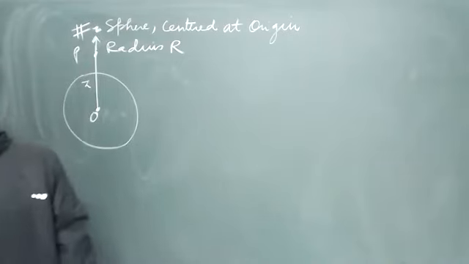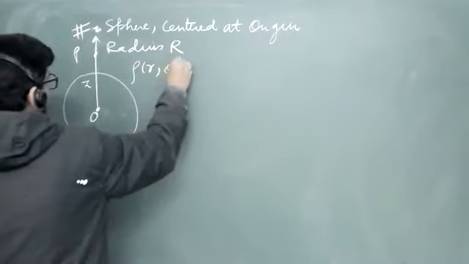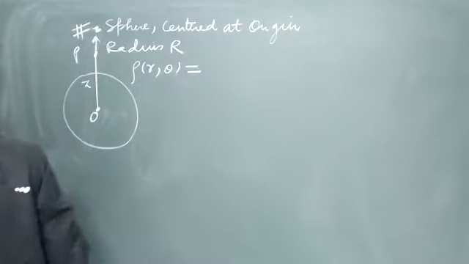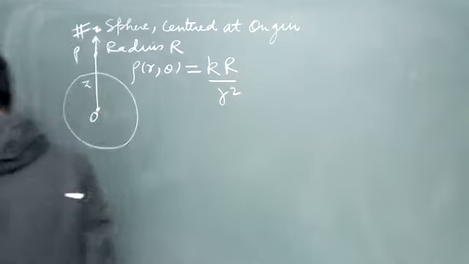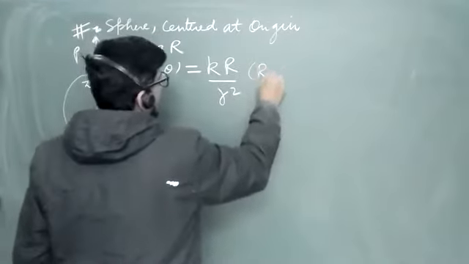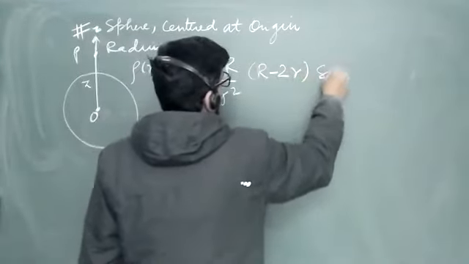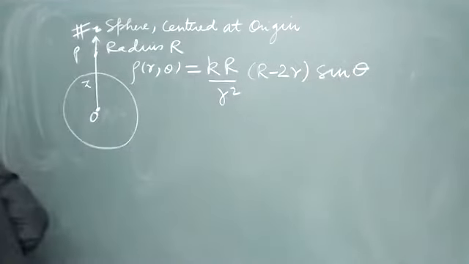We have to get the potential over there, and the charge density rho of r comma theta is given to be k r over r square times (R minus 2r) and sine of theta. This is a very nice problem, and it will explain everything we have done till now.